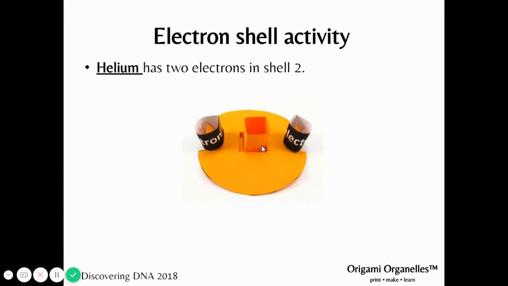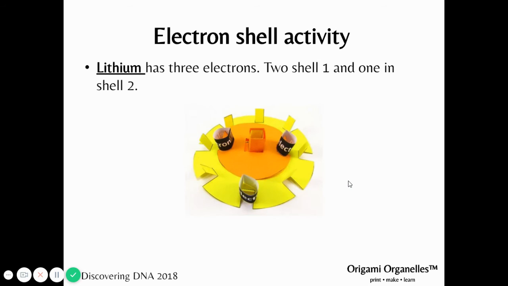Next, what you're going to do is put the next energy level, next shell, underneath this orange one. You need to add shell 2, and we're going to add 1 electron to that one because our next element has 3 electrons, and there's no other place to put electrons on this shell because it's full. So the second shell, now we've added the second shell here, we're going to put 1 electron, and you can see there are lots of open spaces here.